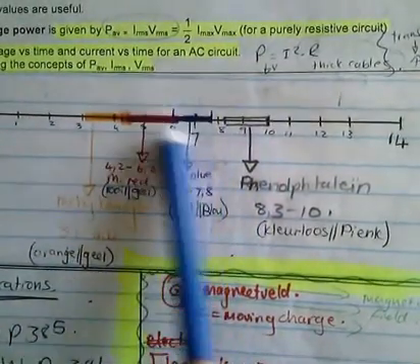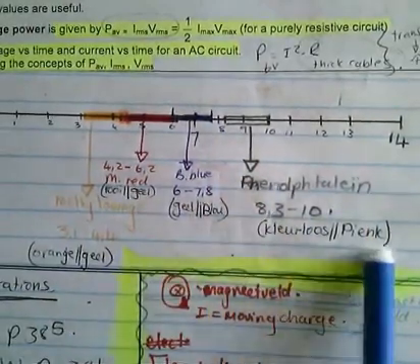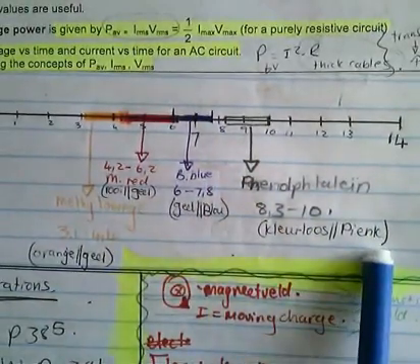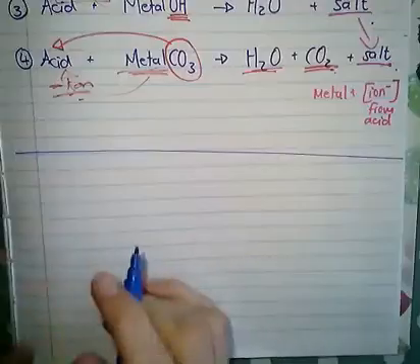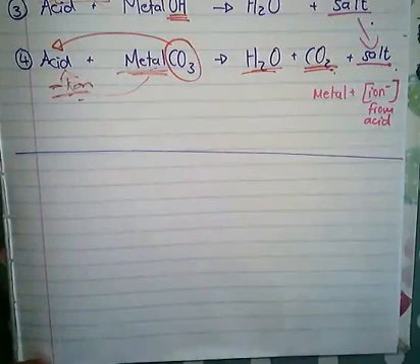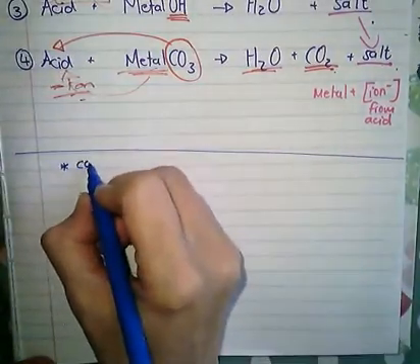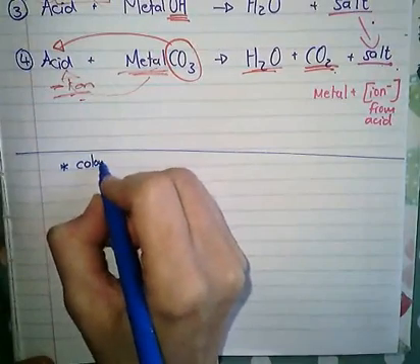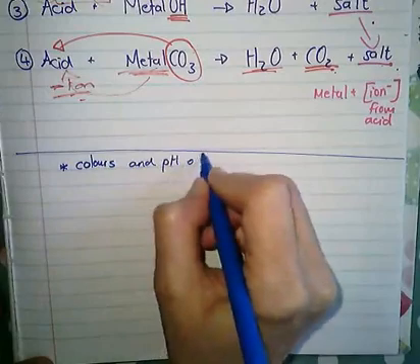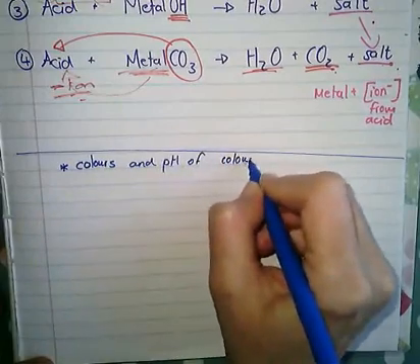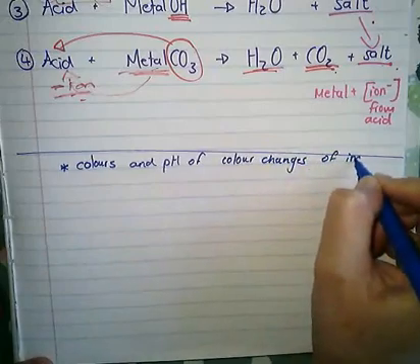Okay, so what you have to be able to do is combine your knowledge of the colors and the pHs of the color changes of indicators with knowing which are strong and which are weak acids and bases.